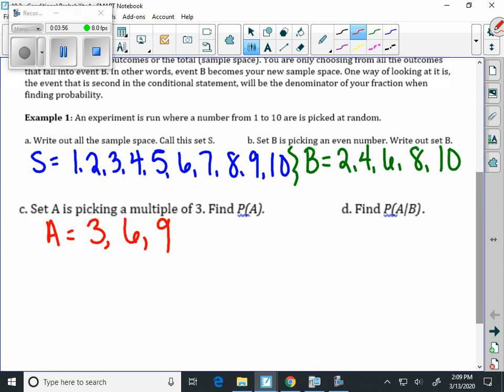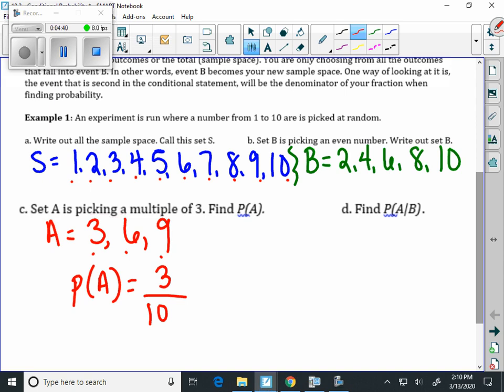If you want the probability of A, which kind of confuses the problem and needs to be fixed later on, then, like we did in the introduction to probability and the unions and intersections, the probability of A is 3 out of a total of 10. If you prefer, that's 0.3. But what I want to focus on is that set A is picking a multiple of 3.